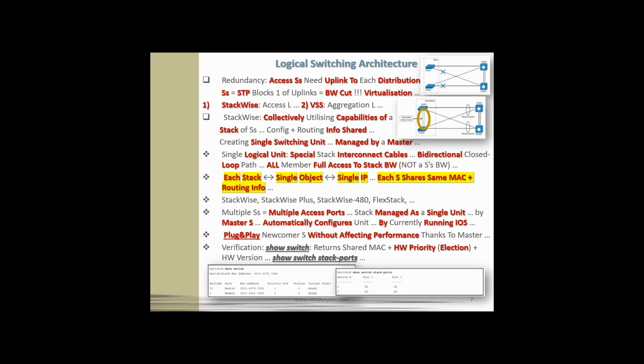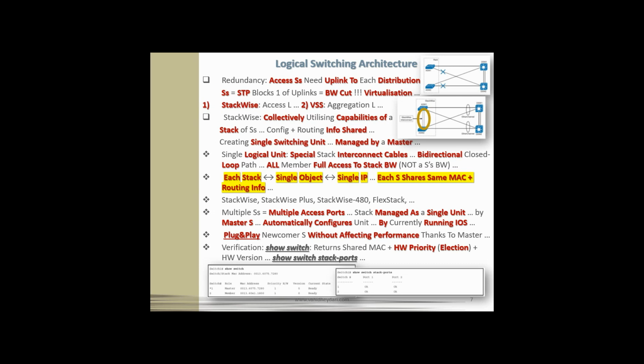You can see how we can verify Stackwise configuration using the show switch command without any additional parameters. We see it returns the shared stack MAC address because, as I said, each switch in this stack shares the same MAC address and routing information, and lists all switches in the stack with their stack number towards the bottom left-hand side of the slide, stack role, MAC address, hardware priority, and hardware version.